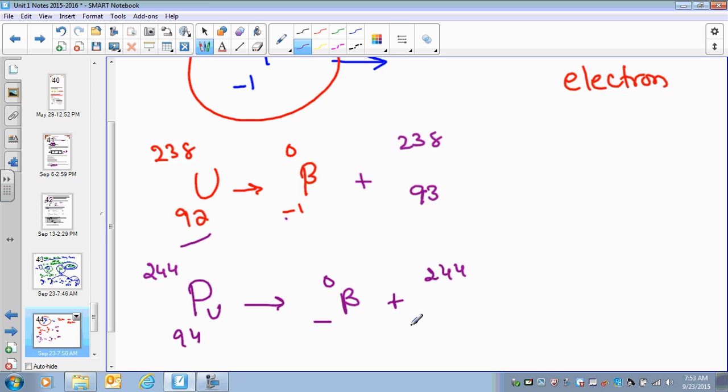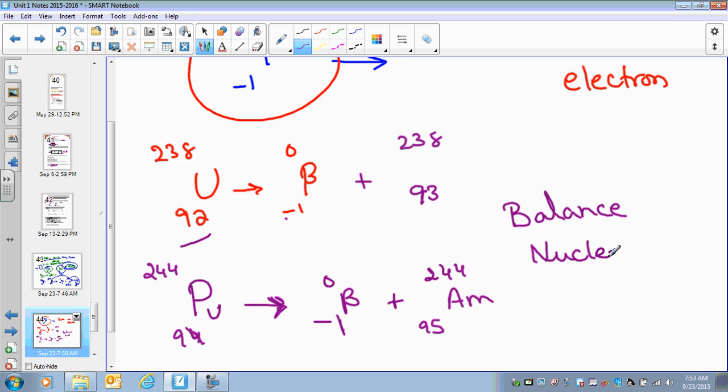It will go to 95, and I go to the periodic table and find out who 95 is. You need to understand that you have to balance these nuclear equations, that 95 minus 1 is equal to 94. So this is called balancing nuclear equations.